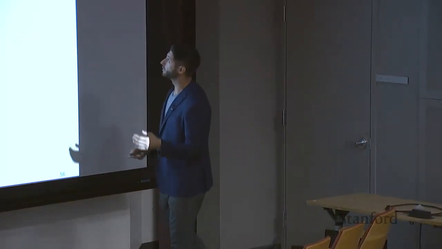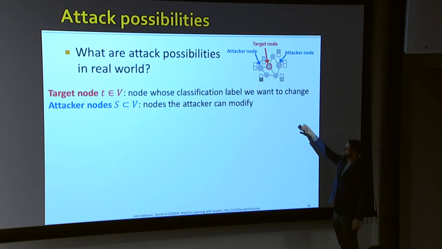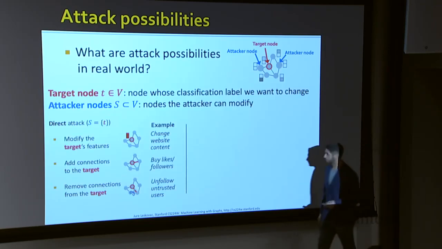The attacker nodes instead are some of our side fake accounts or bots that we can manipulate in order to boost the results as much as possible. So our target node T is the node whose classification label we want to change. Let's say our label is to be recommended, yes or no. And then the attacker nodes are the nodes that we can directly modify.